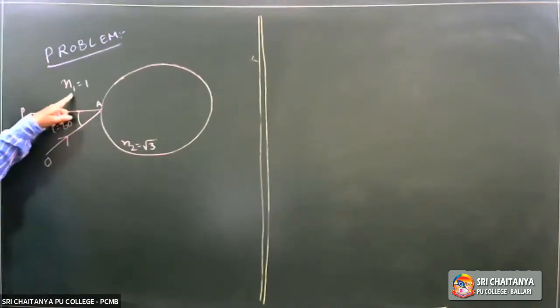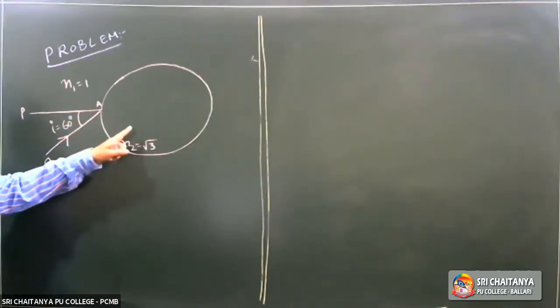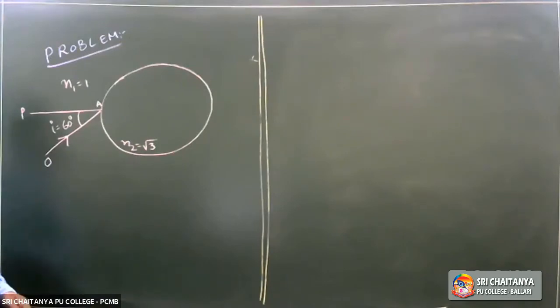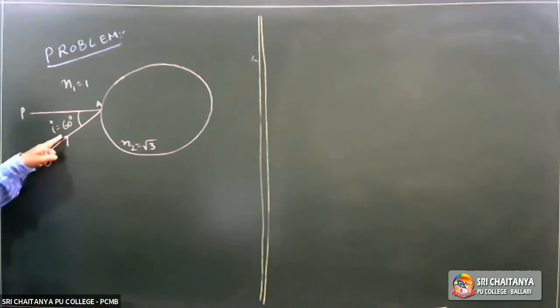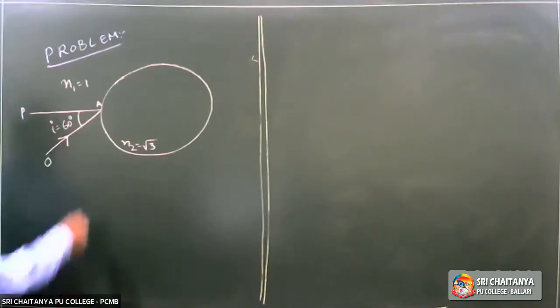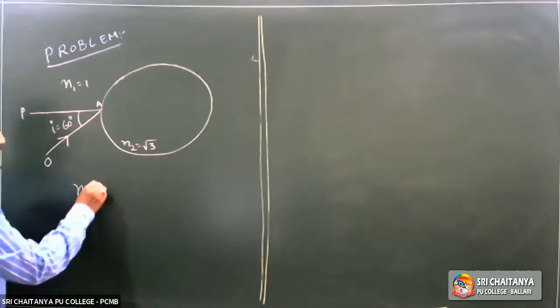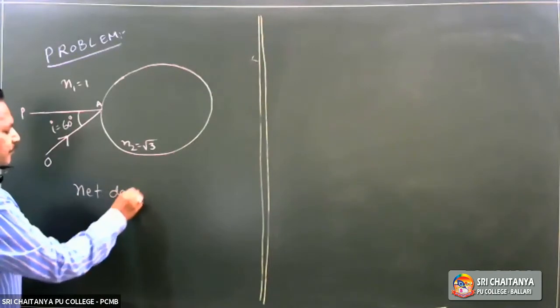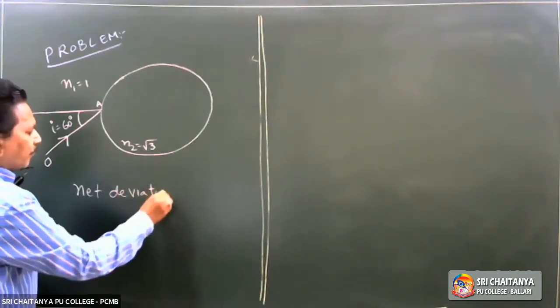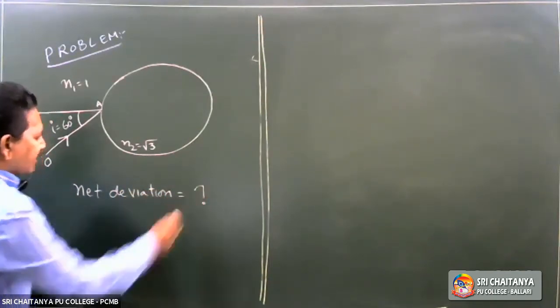Refractive index of air 1. The light ray travels through the sphere. Angle of incidence 60 degrees. Find the net deviation after passing through the sphere.